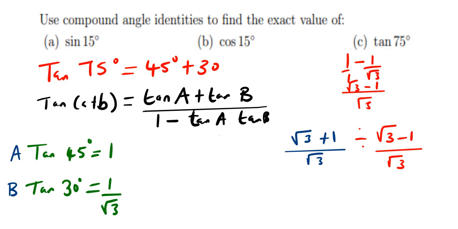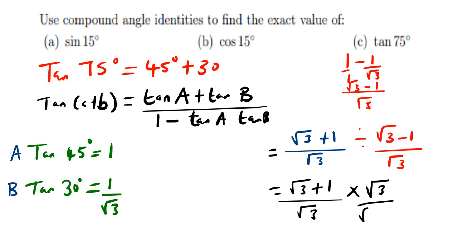So now what do we have? I can simplify this as root 3 plus 1 over root 3, and the division changes the sign, so it becomes root 3 on top over root 3 minus 1. Now the root 3 on this one and this one can divide, they just give us a 1.